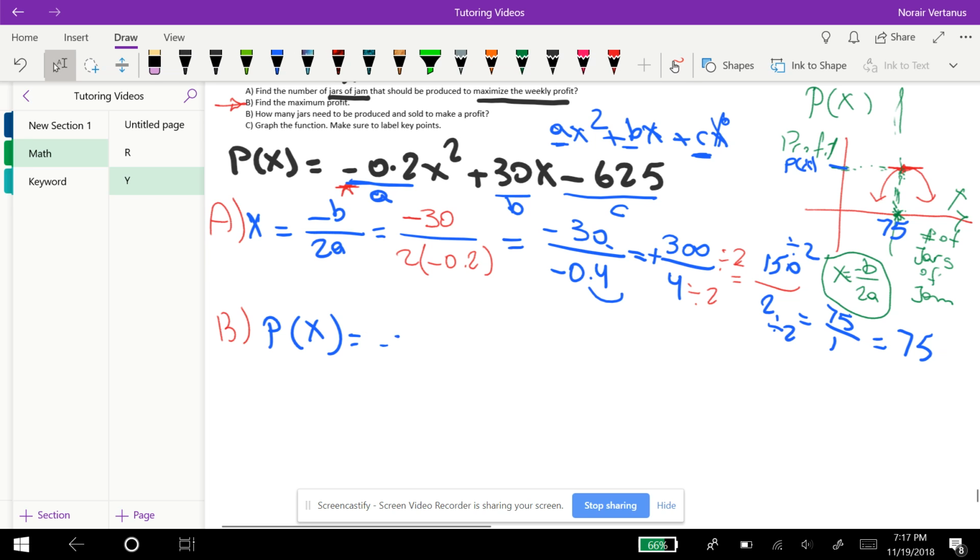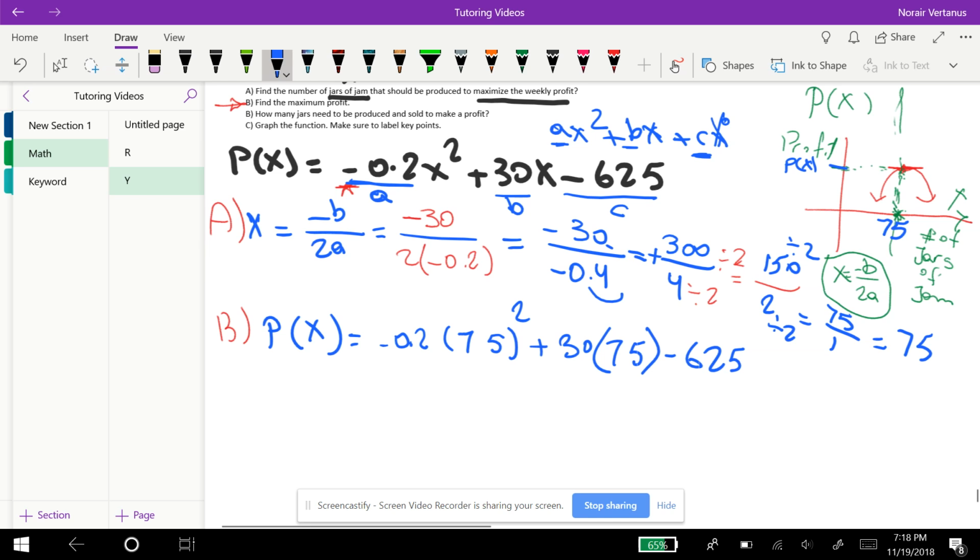So first of all, you have negative 0.2x squared. Instead of x, you put 75 squared plus 30 times 75 minus 625. Let's see what we're going to get. Let's see who's going to get it fast. Try it at home, if you're doing it with us.